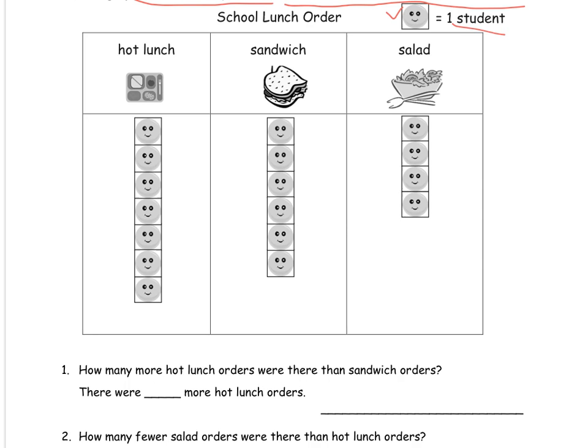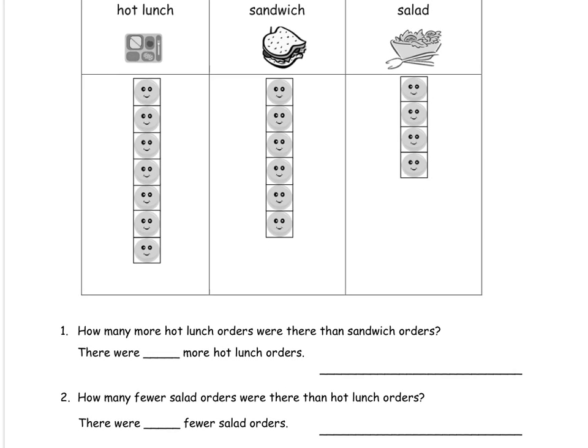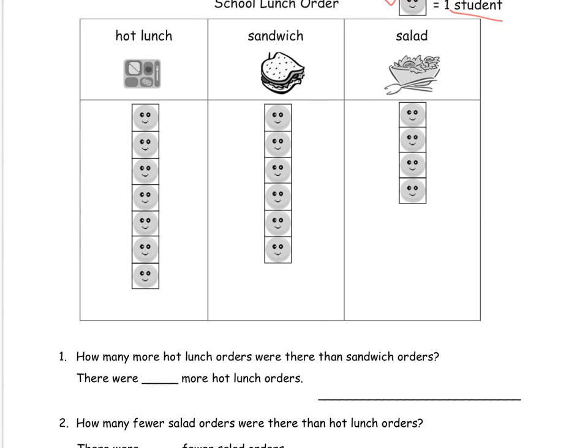So I'm going to start right in with question 1, and it says, how many more hot lunch orders were there than sandwich orders? So hot lunch, sandwich. I see that for sandwich I have 1, 2, 3, 4, 5, 6, and I'm going to write that there.